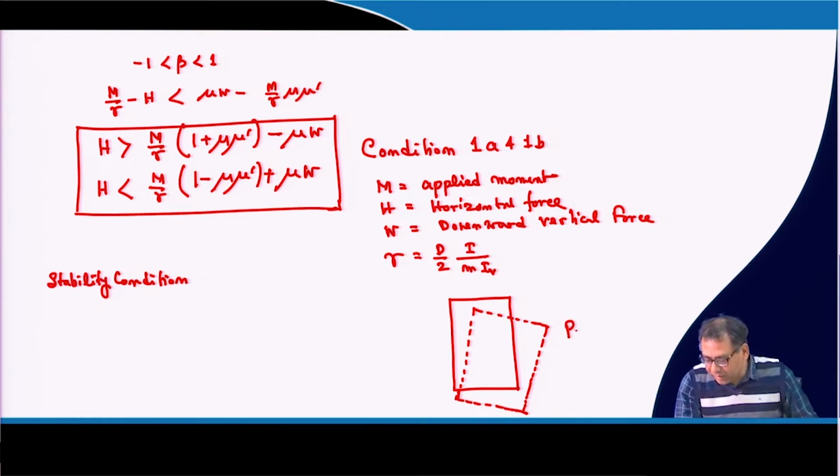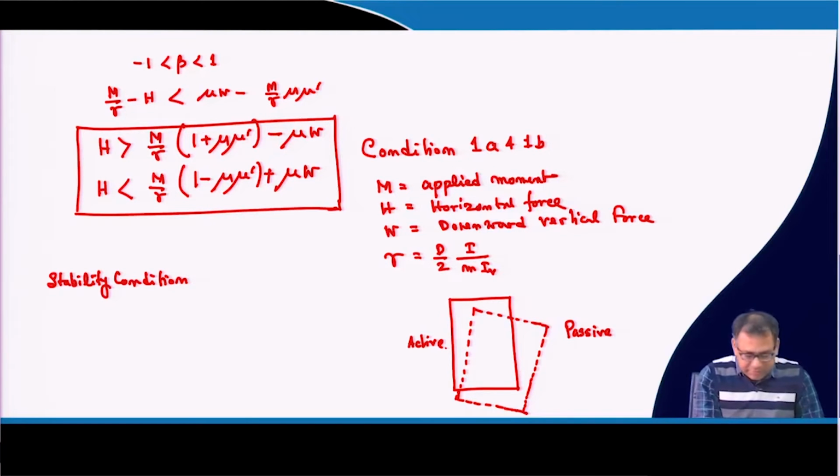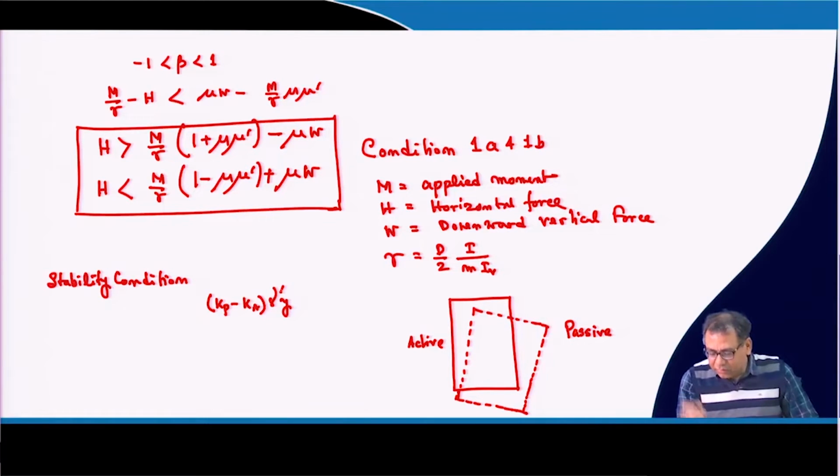This side will be passive and this side will be active. Throughout the depth, the right side is passive and the left side is active. So, the net pressure that will act here is Kp minus Ka into gamma into y, or gamma dash, into y.